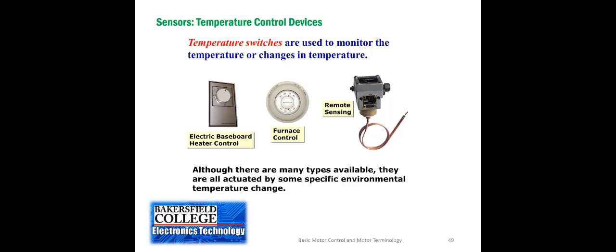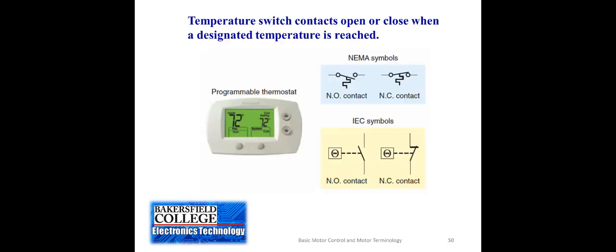Now, this is a proper use of the word switch because the output is discrete. When you see a temperature switch on the schematic, you notice that back and forth, almost zigzag-like pattern on the switch symbol.